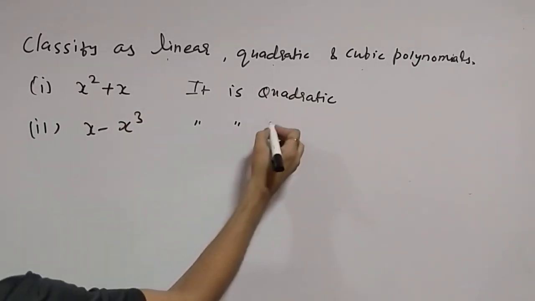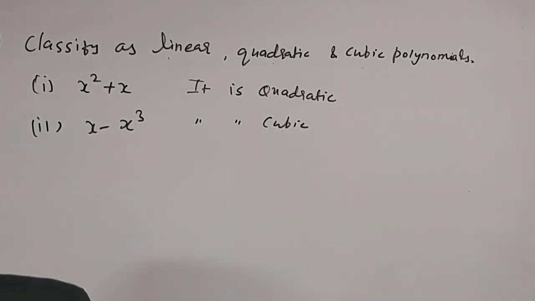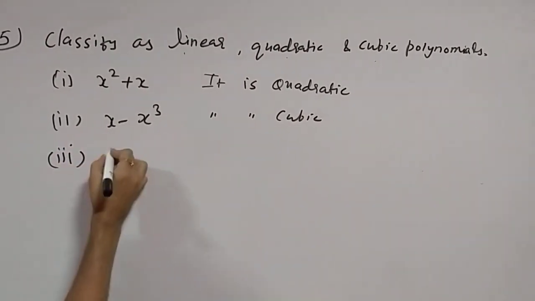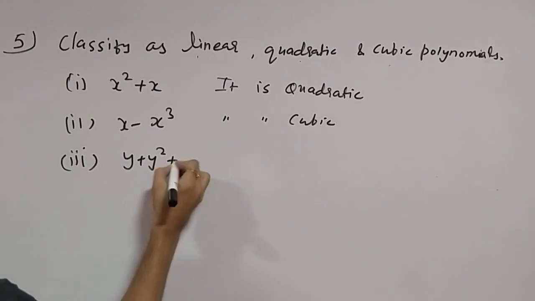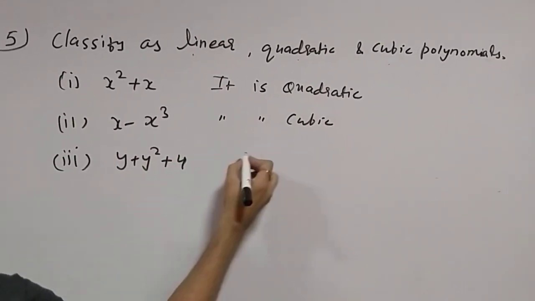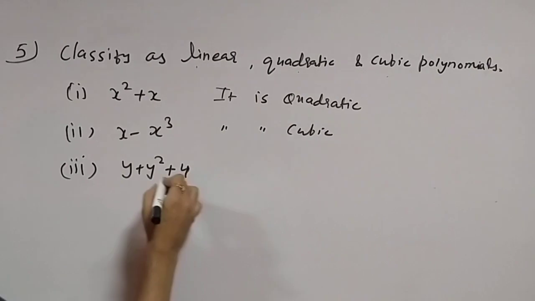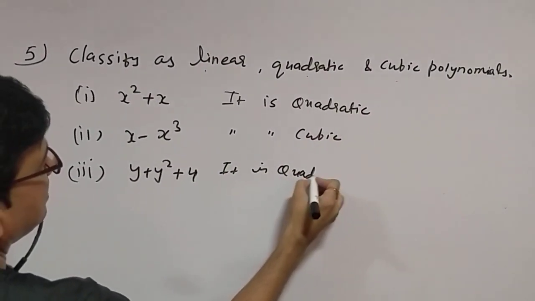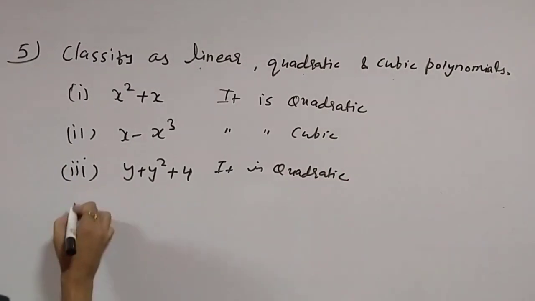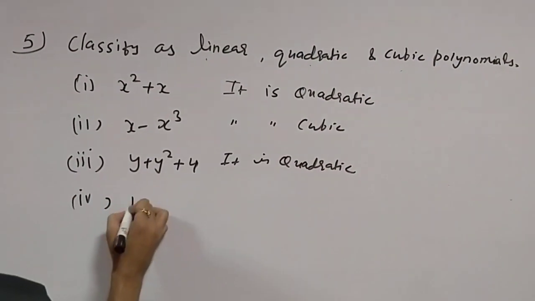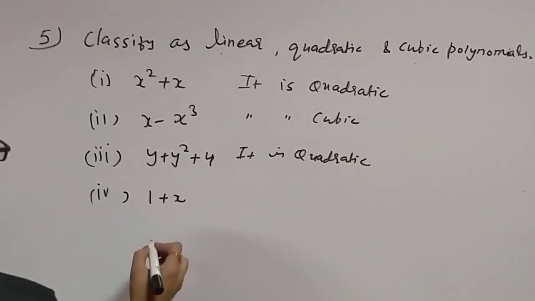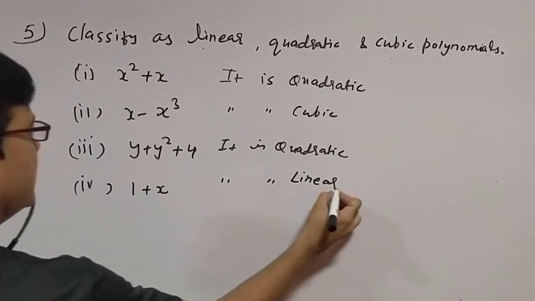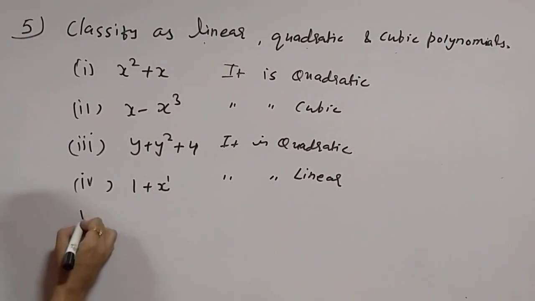It is cubic because the degree is 3. Next is y plus y square plus 4. So the degree is 2. Therefore it is quadratic. Fourth, 1 plus x. Degree is 1. So it is a linear polynomial.